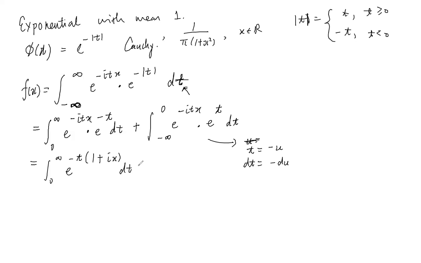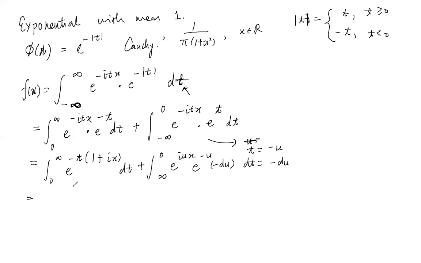Over here, your minus infinity will become infinity because you reverse the sign, and you've got 0. So you have e of iux, so this will be e of minus u, and this will be minus du.